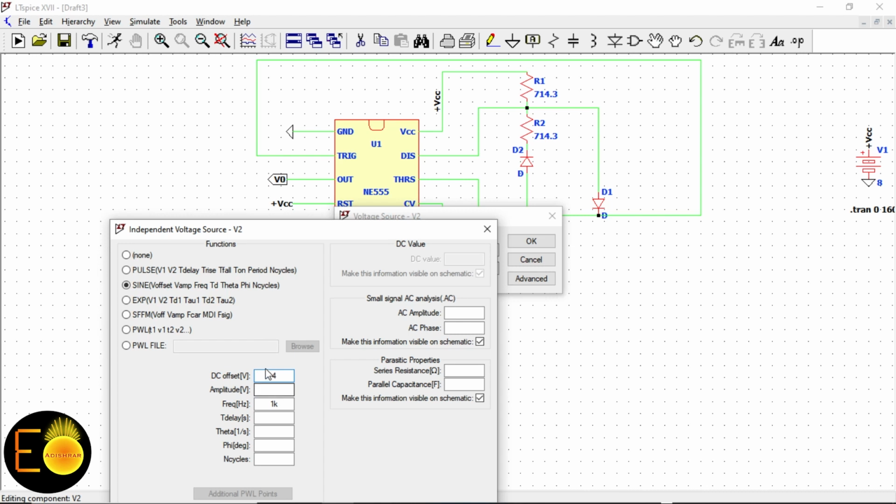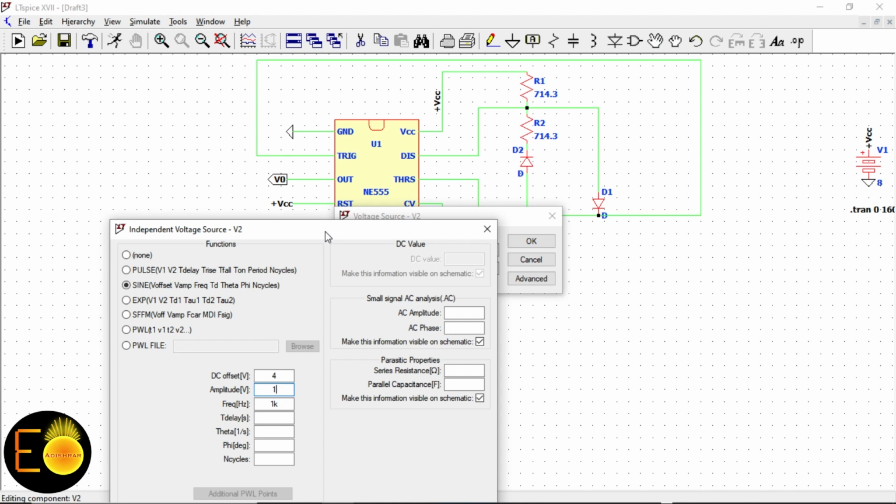And you have to choose the peak amplitude of the sinusoidal signal so that when the amplitude goes in the negative direction, the peak value is subtracted from the DC voltage, and the total value must not go below the zero value, because if it goes to the zero value, your upper comparator is not going to work, because at that point of time the reference point is going to get the zero value, and the charging and discharging of the capacitor remains within the 2/3 and 1/3 of VCC.